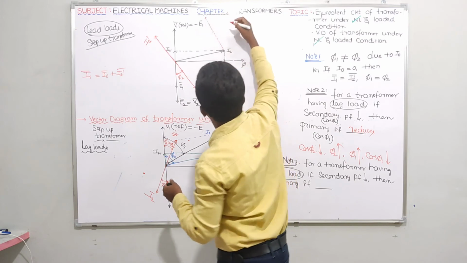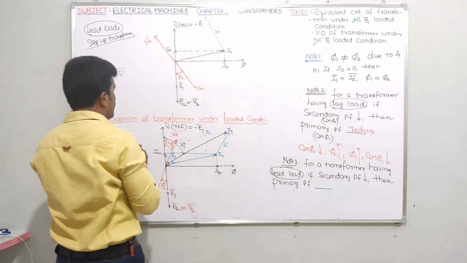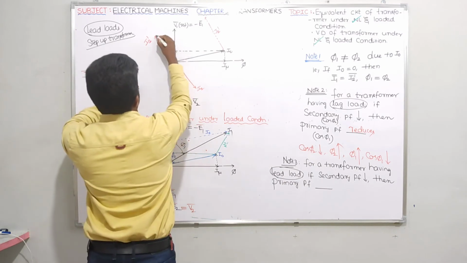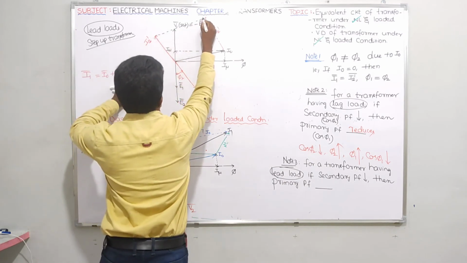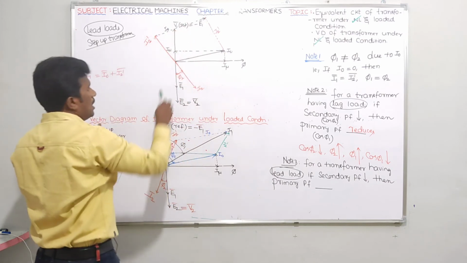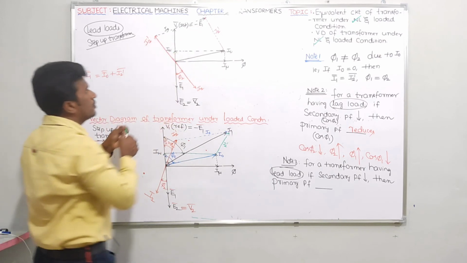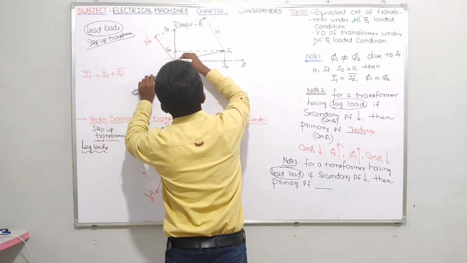Or to this I2 dash let me add the I0 vector like this. This is nothing but the I0 vector, okay? And the vector sum of this I0 and I2 dash, or I can say I2 dash and I0, is nothing but what here? I1. So this is what I can say, the I1 vector.